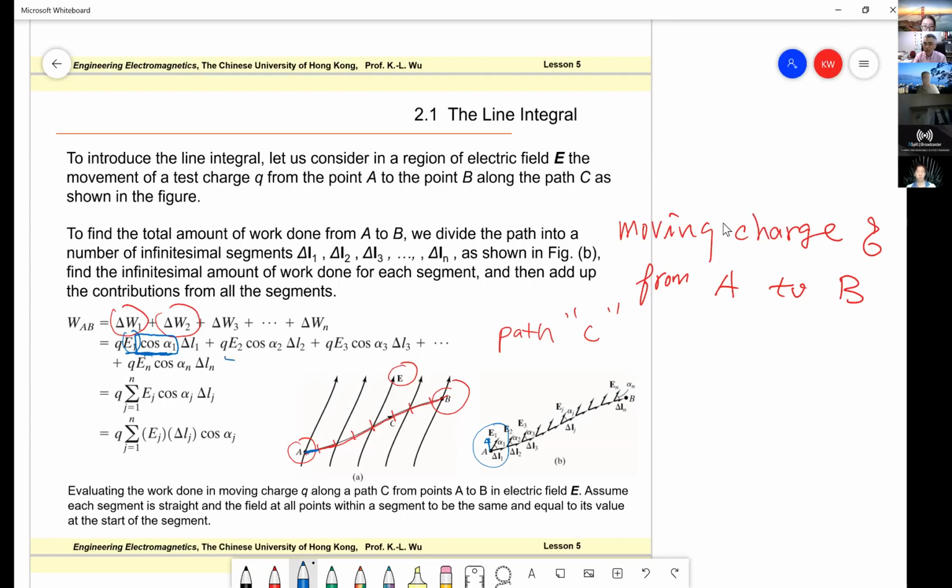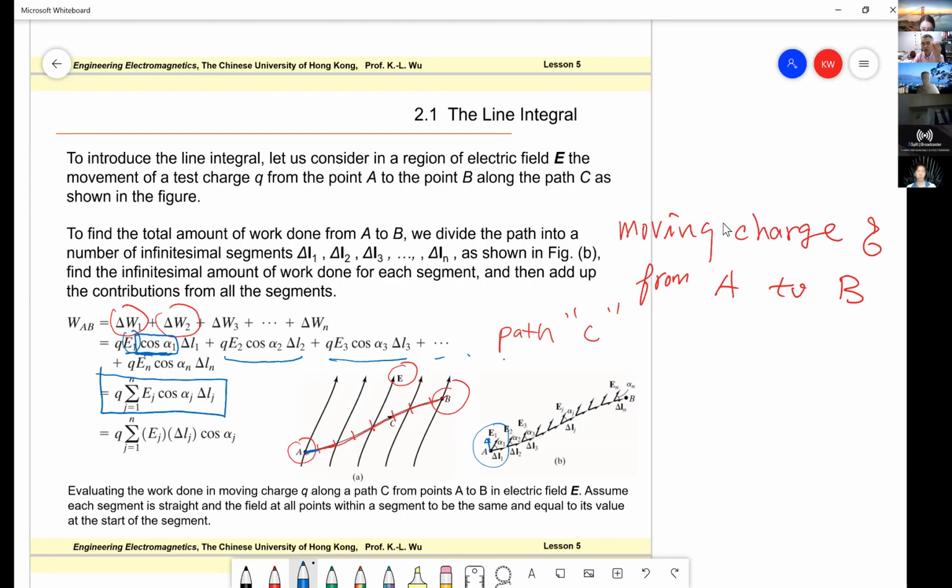Similarly, I can collect the work in section 2 and section 3 and so on, and I add them up. I can write this in a more general case.